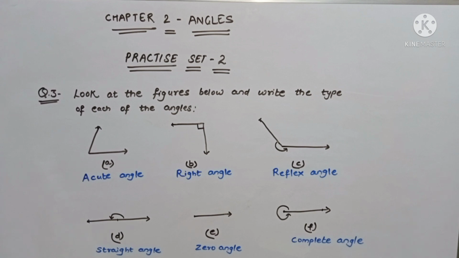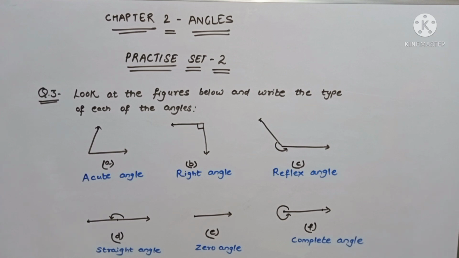E, the angle is not moving, both the rays are on the same line, it is a zero angle. Now F, it is a complete angle. There is an arrow shown where the angle is forming from 0 to 360 degree, so it will form a full angle, that is a complete angle.